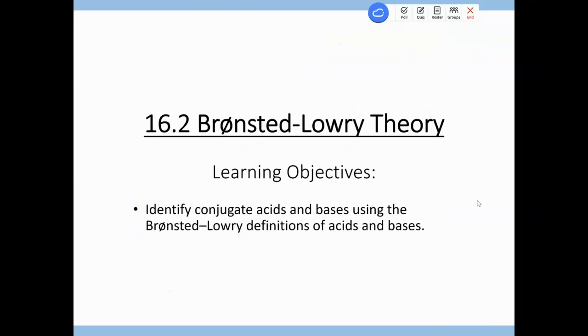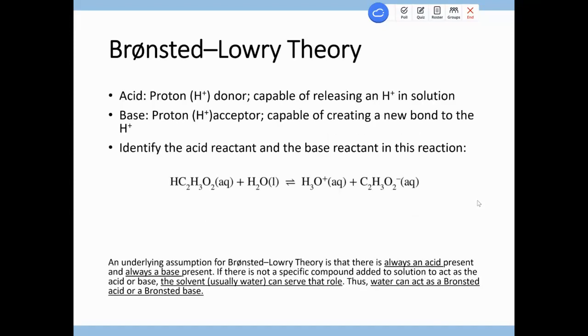So in this section we're going to talk about Bronsted-Lowry theory. We briefly discussed the Bronsted-Lowry definition of acids, which is that it is a source of protons or H plus ion. So we'll just continue talking about these acid-base reactions. There are a few different ways to define acids. This is a very common way. You'll see this when you go to organic chemistry as well.